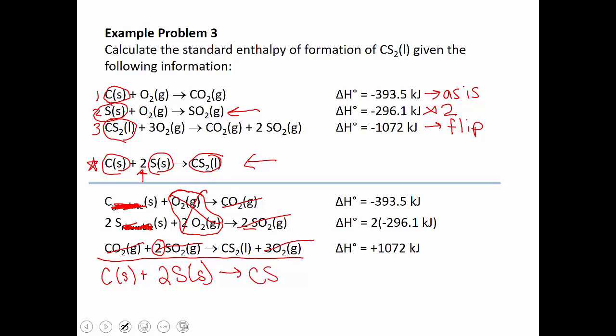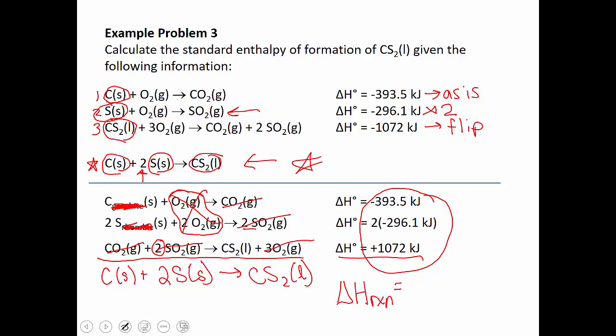And all we have left on the right side is CS2 liquid. Now compare that to what we wanted up top. Guess what? The same. That means we did the right thing. We calculated that correctly. Now what we're going to do is add up all of our delta H's, and that is going to give us our overall enthalpy of reaction, which is positive 86 kilojoules.